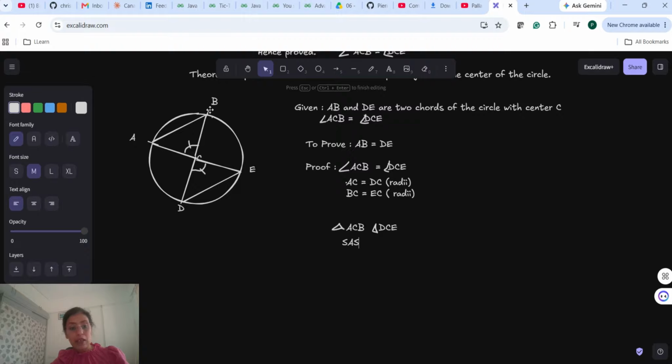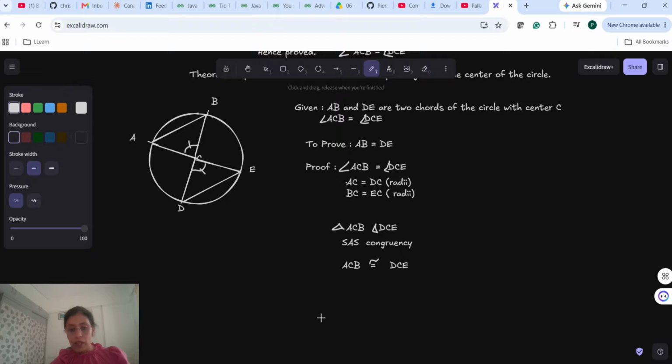So AC, BC, and the angle, right? So these are equal corresponding to the two triangles. So this gives us the SAS congruency, and we can say that our triangle ACB and the triangle DCE are congruent.